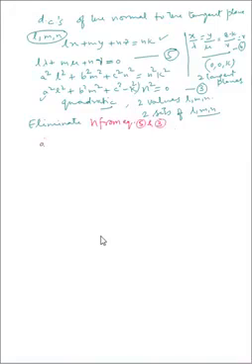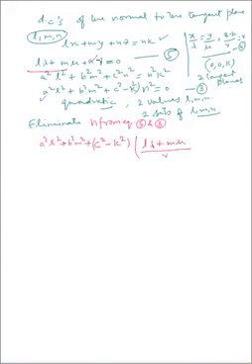So a square l square plus b square m square plus c square minus k square into n square. In place of n we write from here, minus l lambda plus m mu upon nu, whole square is equal to 0. Now we open it and find out the values.